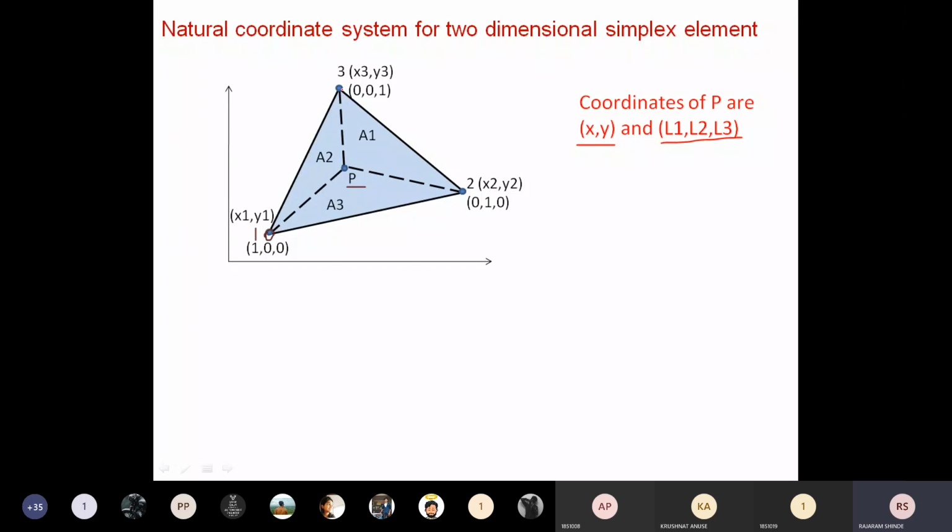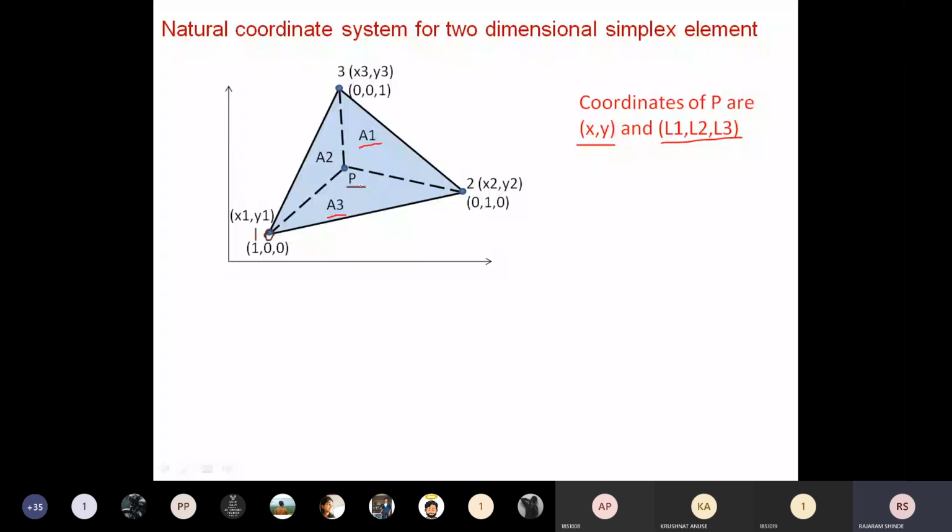When we draw these three lines, this triangular element is divided into three triangles. This is the area of the first triangle, suppose it is A1, and that area is opposite to node number 1. A2 is the area opposite to node number 2. A3 is the area opposite to node number 3.